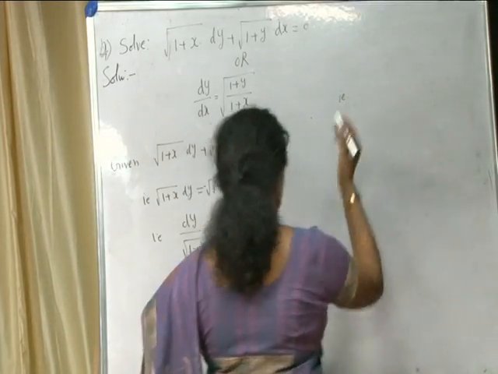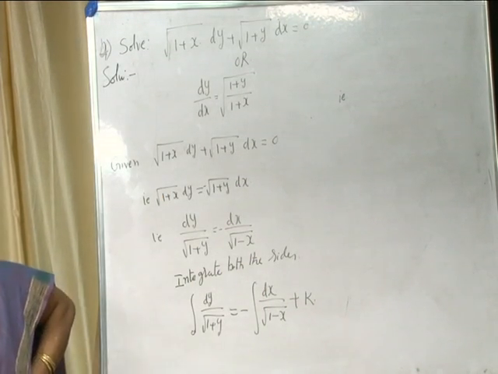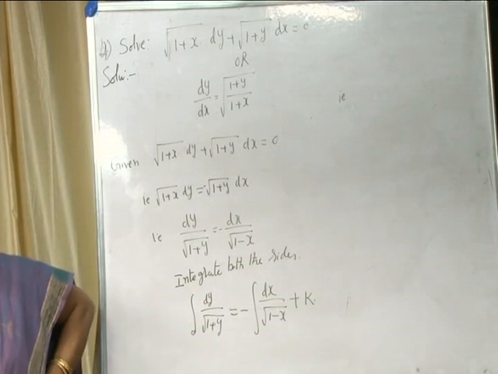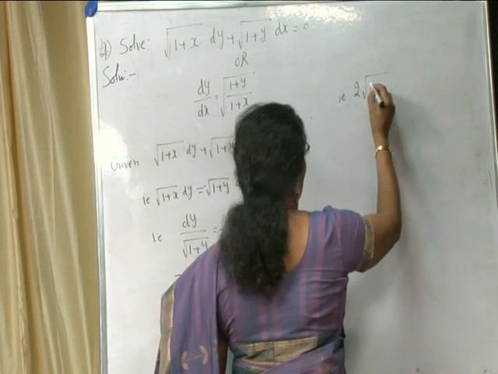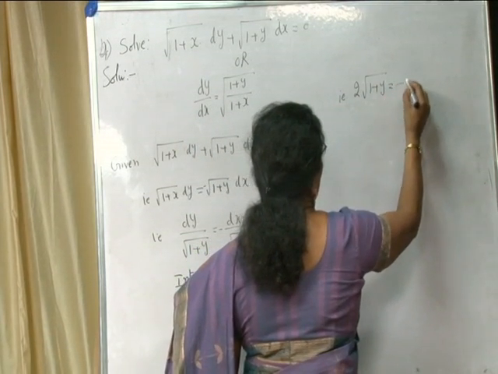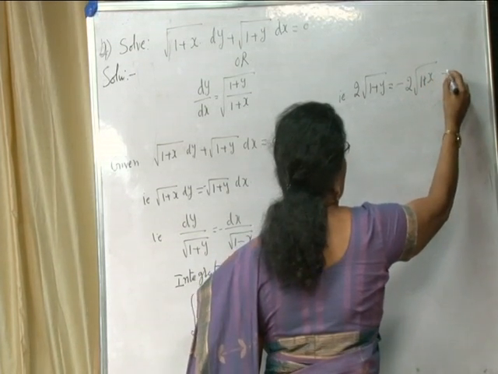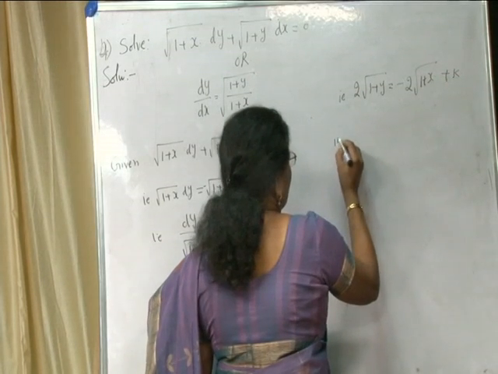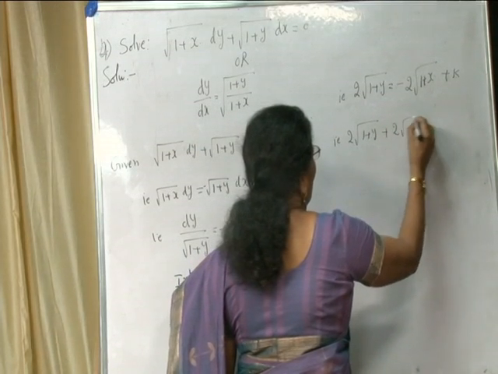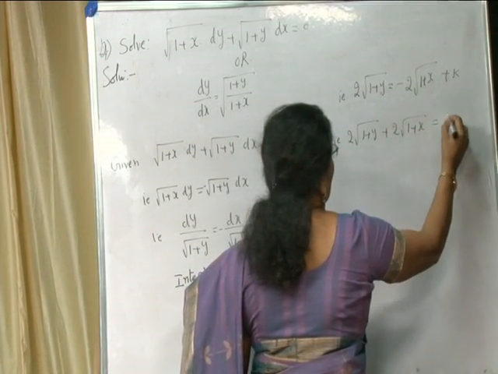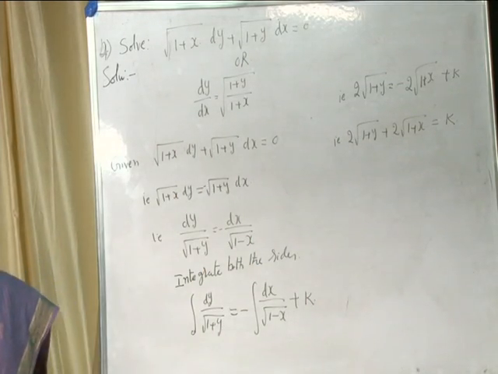Integration of 1 over root x is 2 root x. So 2 root of 1 plus y is equal to minus 2 root of 1 plus x plus k. That is, 2 root of 1 plus y plus 2 root of 1 plus x is equal to k. This is the solution of the given differential equation.